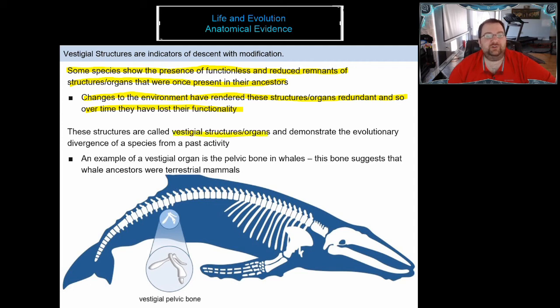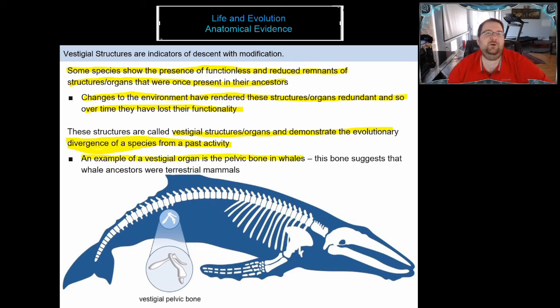These vestigial organs and structures demonstrate divergence of a species from a past activity. You develop vestigial organs because you no longer are interacting in your environment in the same way, and that structure has become redundant and useless and eventually gets smaller and disappears. An example, the visual I have up here, is that of pelvic bones in whales.